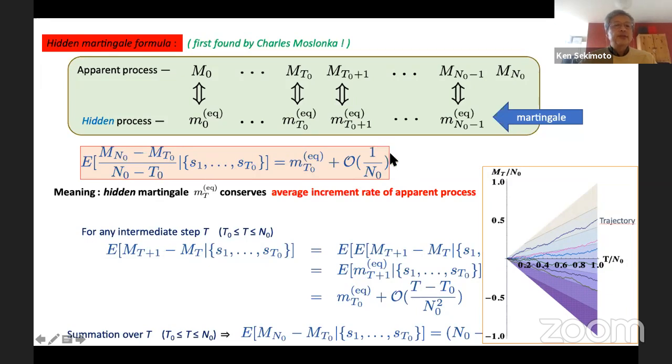Intuitively, the hidden Martingale conserves the average increment rate of the apparent process. I won't go into the detail of the demonstration, but the main idea is this.